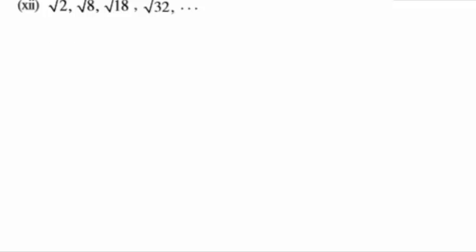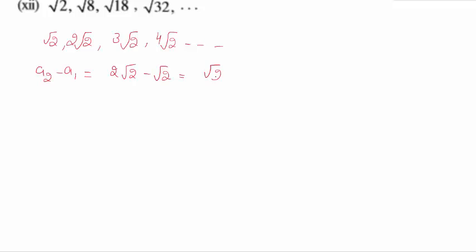Now the next question is root 2, root 8, root 18 and root 32. First of all, simplify these terms. This is root 2, and we can write 8 as 4 into 2, so this will become 2 root 2, and then 3 root 2 and 4 root 2. Now A2 minus A1 will be 2 root 2 minus root 2, and this equals root 2.